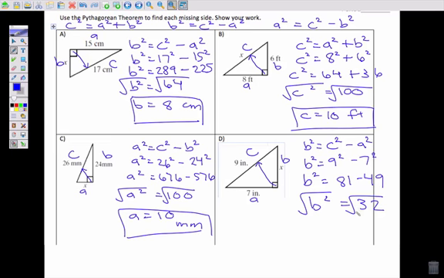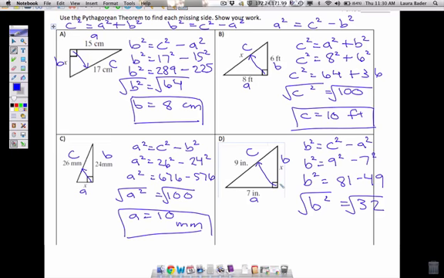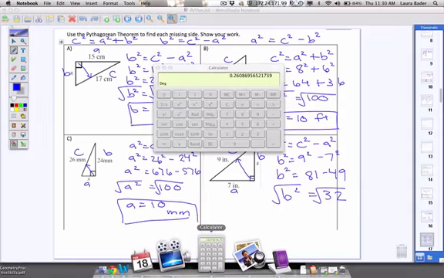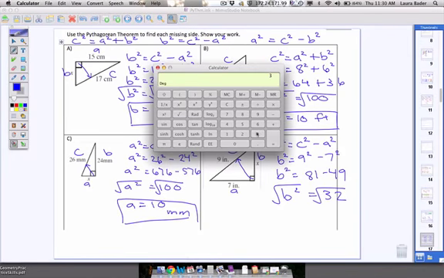So before we said we could leave it like this, but we actually want to have an approximation of what the side length of this triangle is. So I'm going to go ahead and use my calculator to figure that out. So the square root of 32, so let's think about it. I know the square root of 36 is 6, so I expect it to be close to 6, but not quite, between 5 and 6.